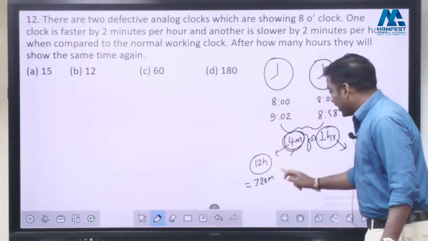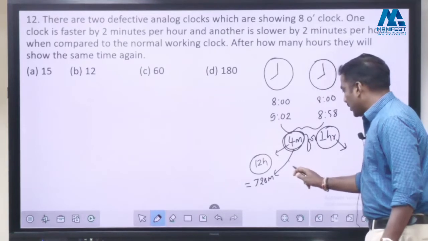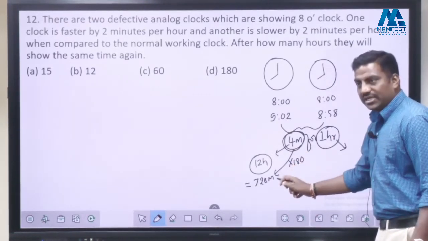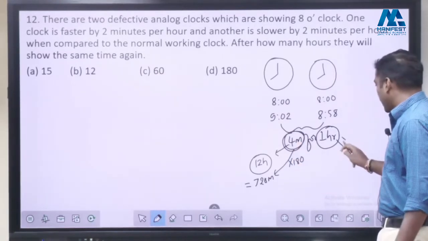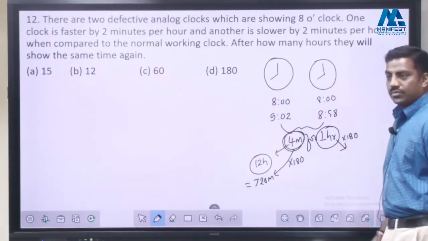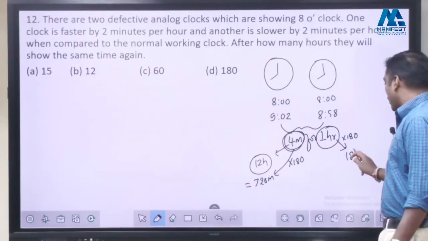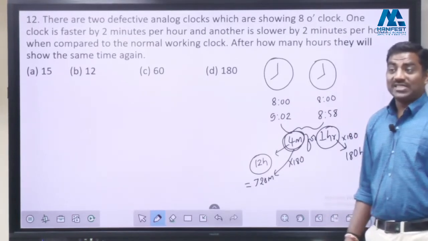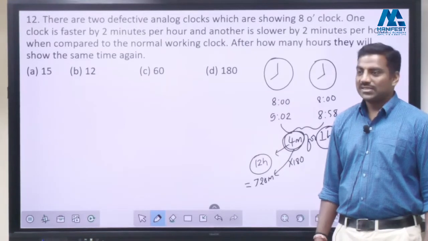For getting the difference of 720 minutes, what is the multiplication? 180, right? To get 720, we have to wait 180 times more. So similarly here, 180. So how many hours are we waiting? We are waiting 180 hours. 180 hours is how many days?